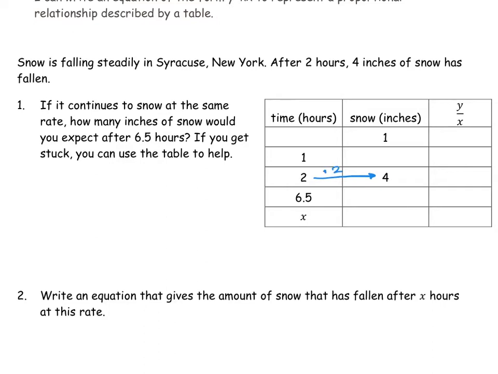And similarly, if I were to create a ratio of y over x, 4 over 2 would be equal to 2. So this tells me this 2 is an important number, and I can apply it to the 6.5. So if I do 6.5 times 2, I would get 13 inches. So that means after 6.5 hours, I would expect 13 inches.